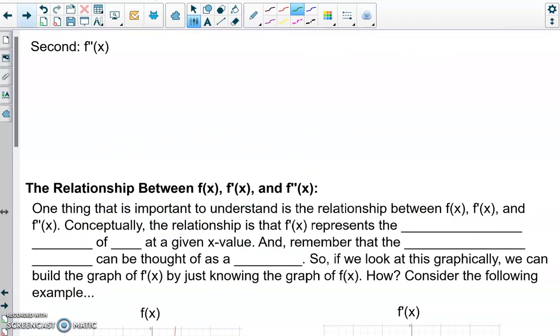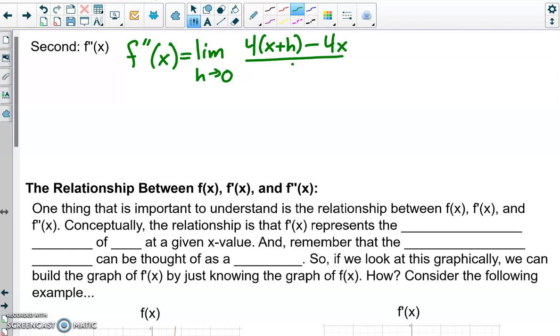So f double prime of x, we're going to use the f prime of x result. So we'll have the limit as h goes to 0, and then we'll have f prime of x plus h. So I'm just going to have 4 times the quantity x plus h minus the f prime of x, which was just 4x, all over h.